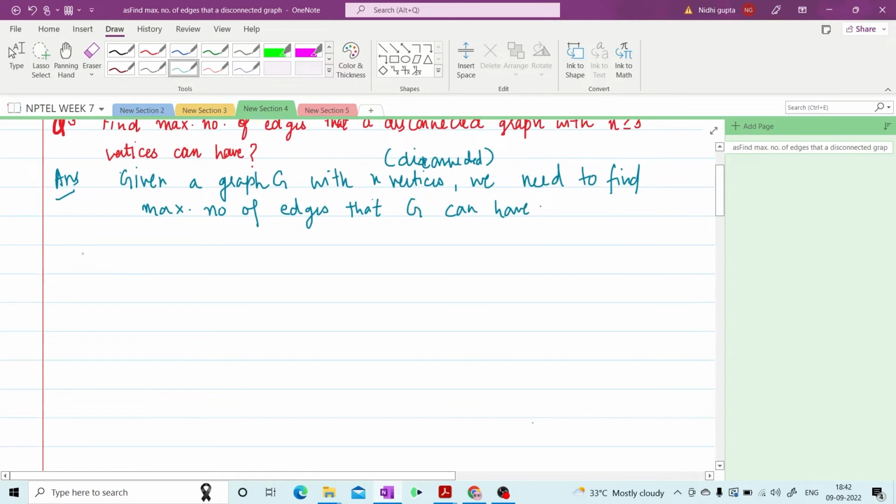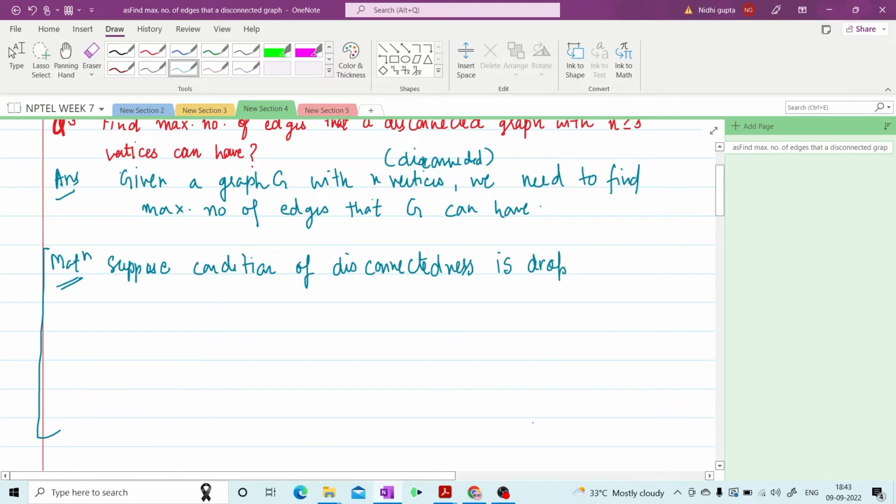So, okay. This is just a motivation to guess the result, kind of. So firstly, suppose the condition of disconnectedness is dropped. Then what is the answer for the same problem?